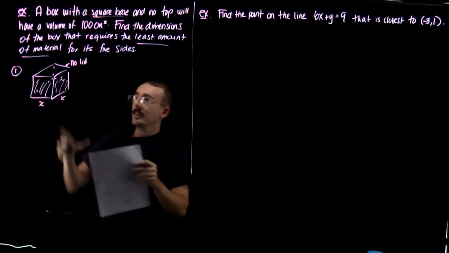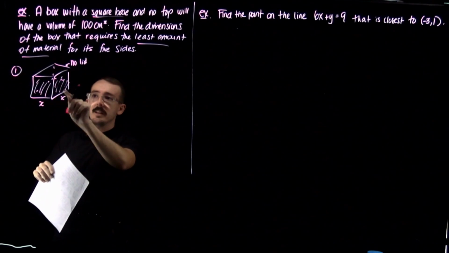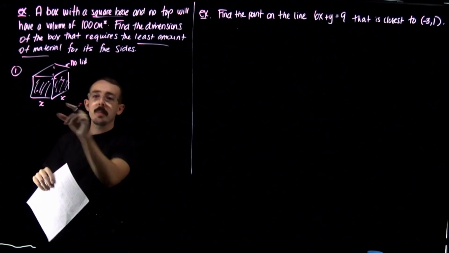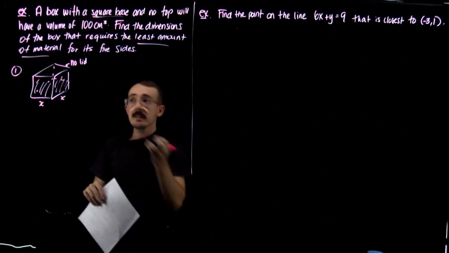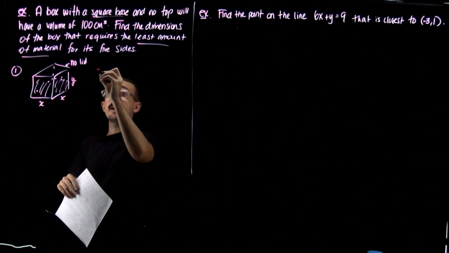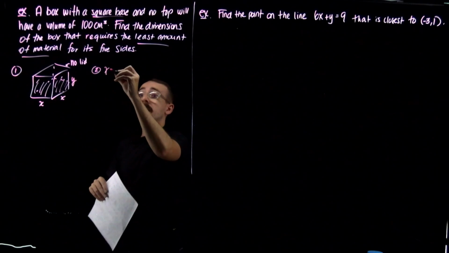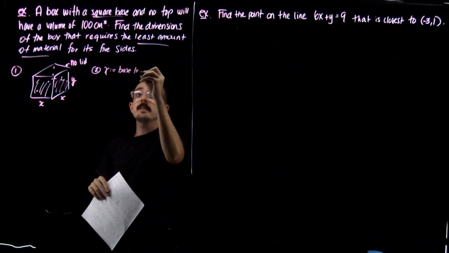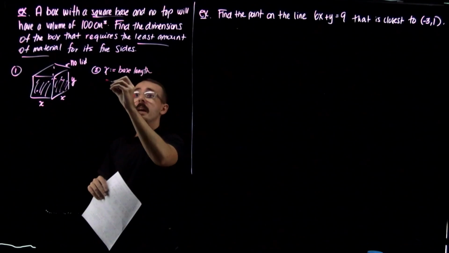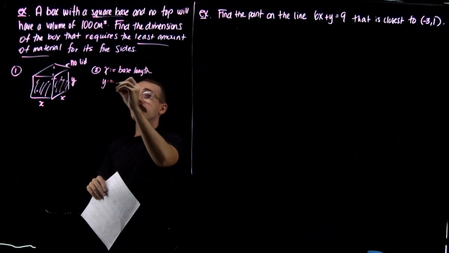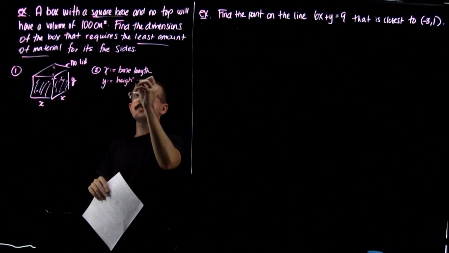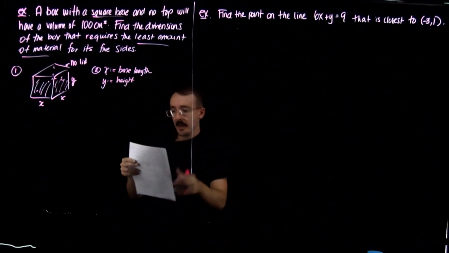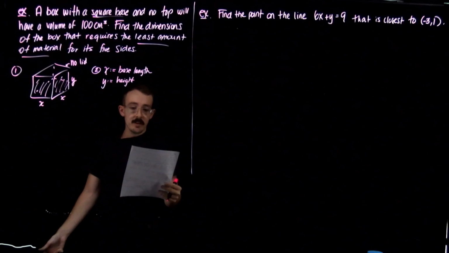So for the dimensions of the base here, the length and the width, I'm going to put x. We don't know anything about the height, so I'm just going to call that y. So I'm assigning x to be the base length, and y is going to be the height, which could be different from x. So that's me assigning my variables.